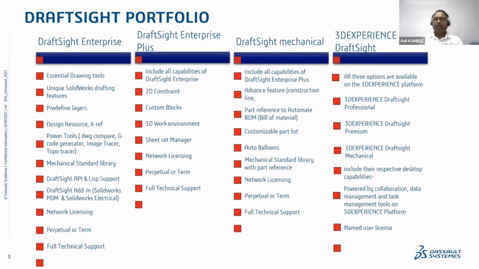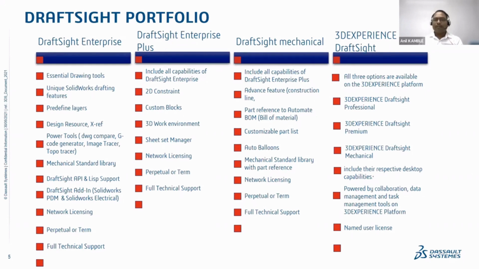So you can do this as per the organization standard. Based on the BOM, you can customize the part list, including whatever attributes you need in the part list. Now this part list is associated with the balloon, so balloons can be auto generated based on the part list.